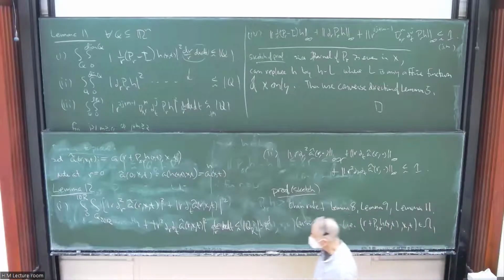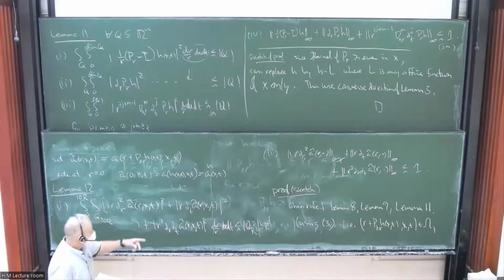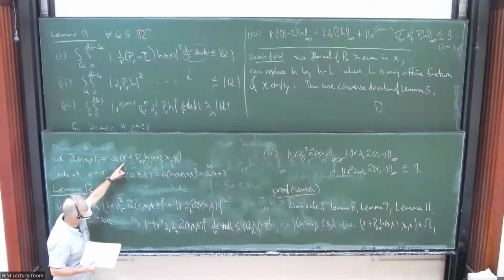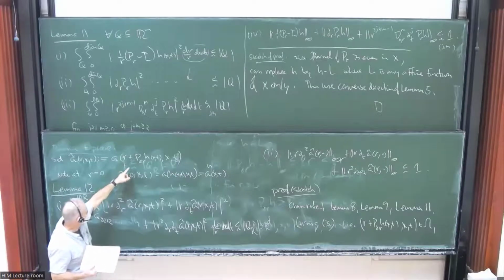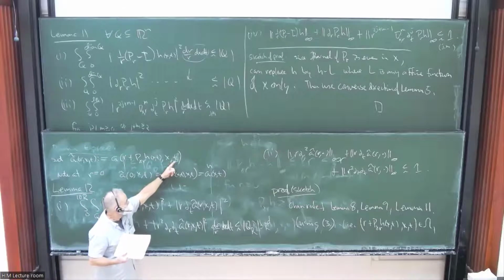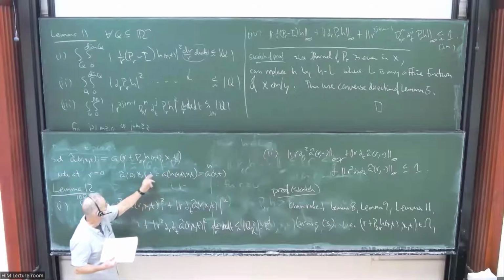So what's going on here when I say it's just the chain rule in these lemmas? Well, think about what happens when you differentiate this guy. When you do either x or t derivatives, here it's just going to be like differentiating A of R, x, t.